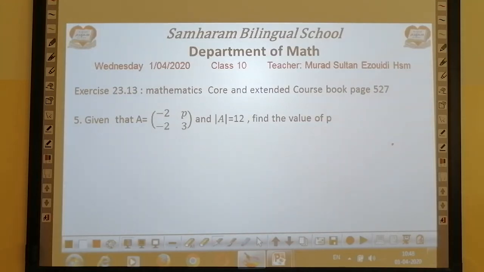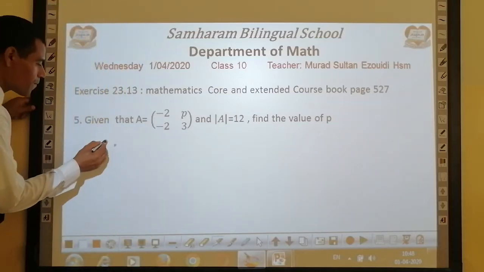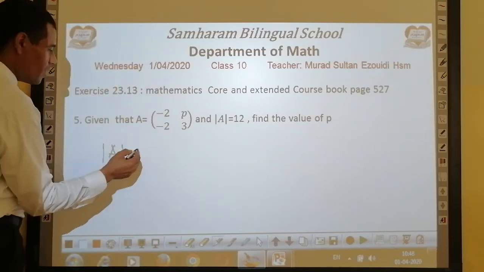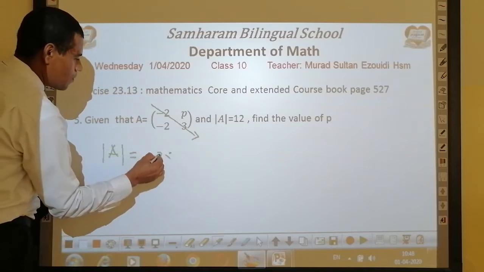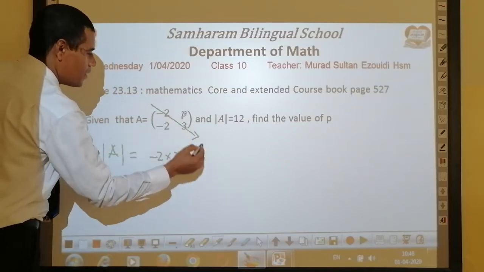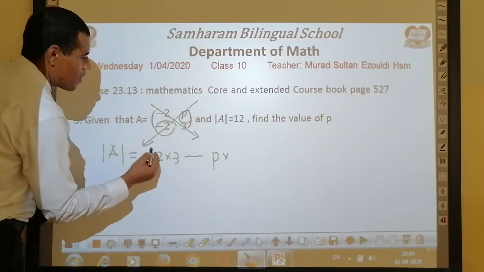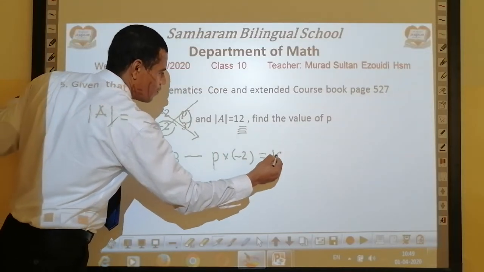The question is, given that A equals [-2, -B; 2, 3], and the determinant is 12, find the value of B. I will write the determinant of A is -2 multiplied by 3 minus B multiplied by 2, which should be equal to 12.